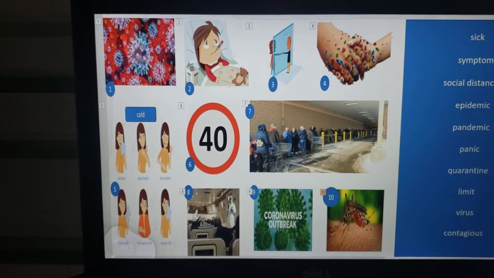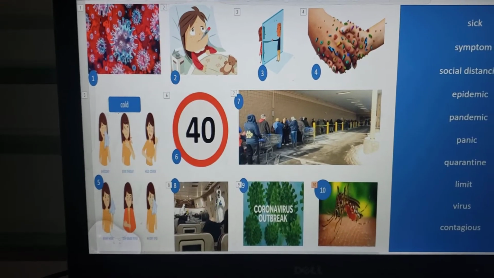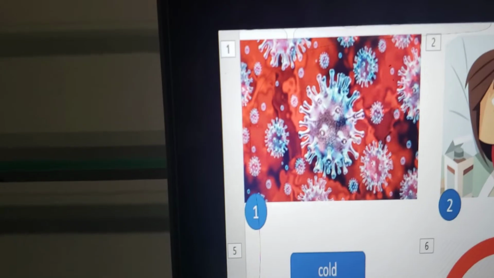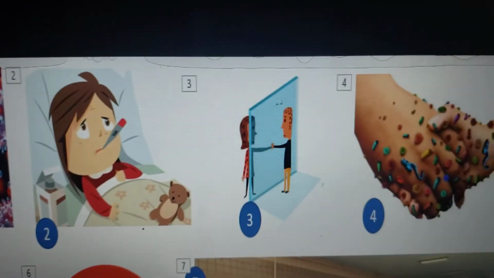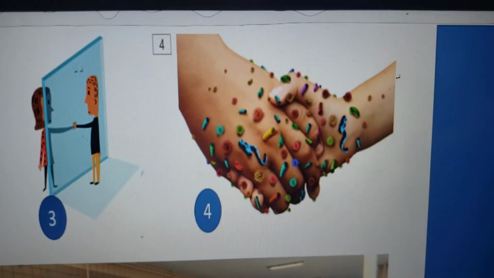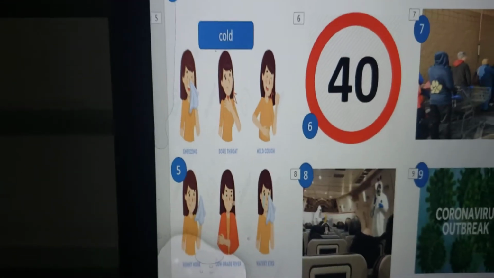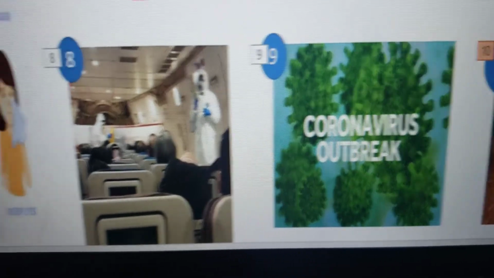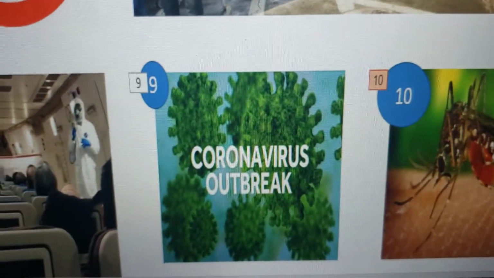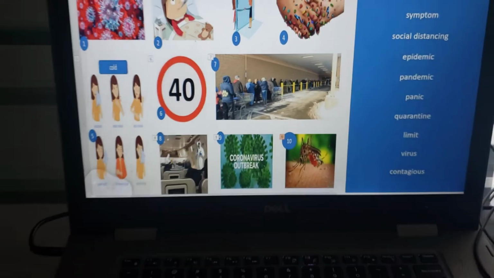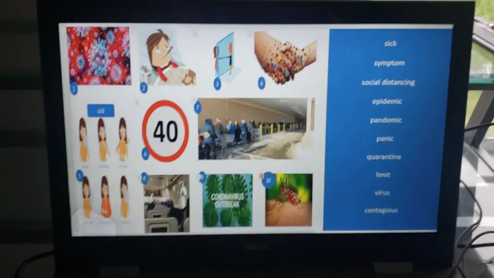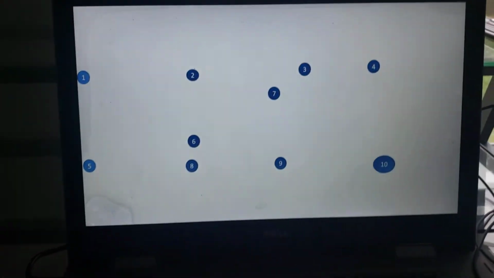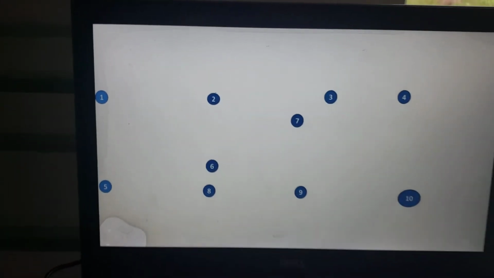So if you can do this for me, look at picture 1, picture 2, picture 3, 4, 5, 6, 7, 8, 9, 10. So see if you can match the words with the picture. Okay? So let's see if you can match them.